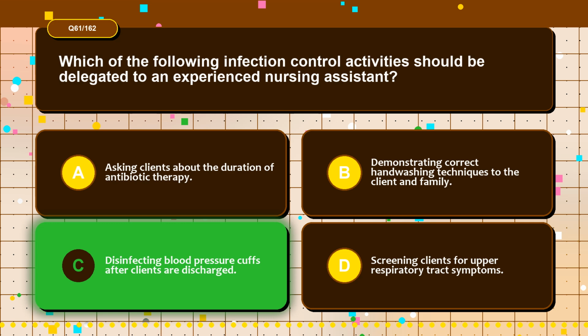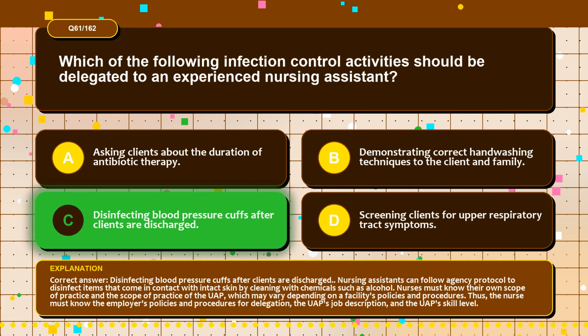The correct answer is option C: disinfecting blood pressure cuffs after clients are discharged. Nursing assistants can follow agency protocol to disinfect items that come in contact with intact skin by cleaning with chemicals such as alcohol.